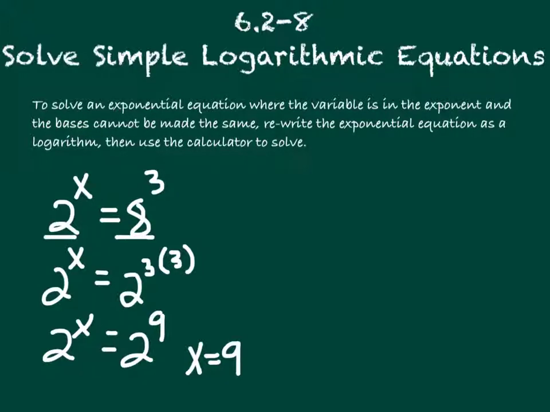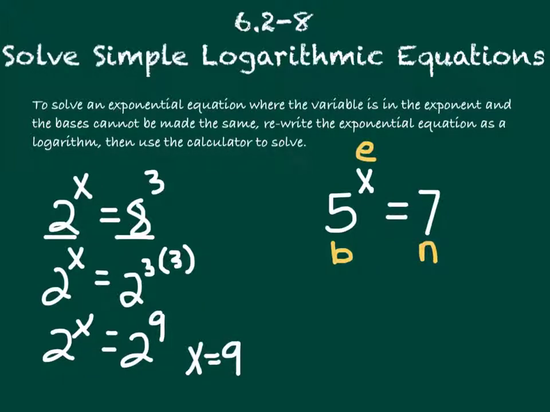But if I have a problem such as 5 to the x power equals 7, I can't make those have like bases. So what I'm going to do is change it from base to the exponent equals number, to log form.